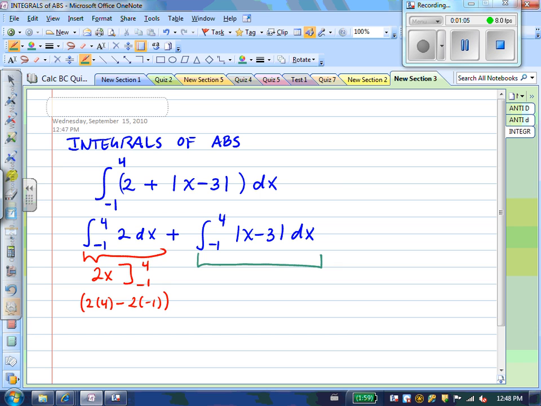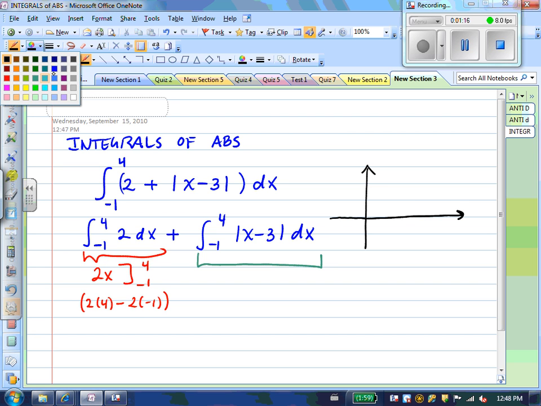So what does that look like? Keep in mind that integration actually finds areas under curves. If you look at the absolute value of x minus 3, that is an absolute value graph that is just shifted over to 3. What we're being asked to find is the area from -1 to 4.